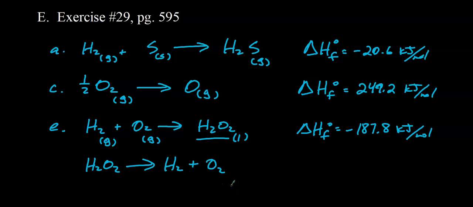Well, if the formation of hydrogen peroxide is exothermic, what do you think about the decomposition of hydrogen peroxide? Decomposition, which is the opposite of synthesis or formation. So if the formation is exothermic, the decomposition, I'm guessing, is endothermic. How much?